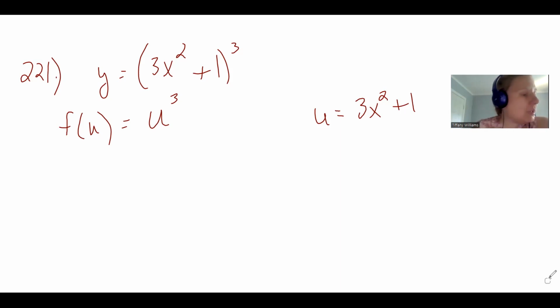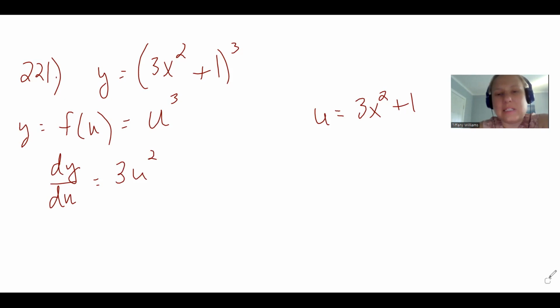So now I want to figure out what my dy dx is going to be. The first thing I'm going to do is go back to the notation I was using previously. We can call this y and f of u, same thing. I need to find dy du first. So dy du is going to be, the derivative of u cubed is 3u squared.